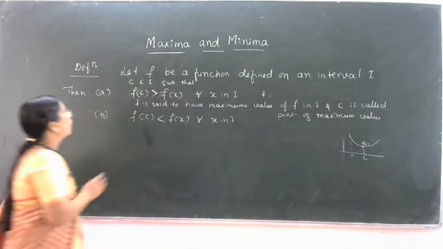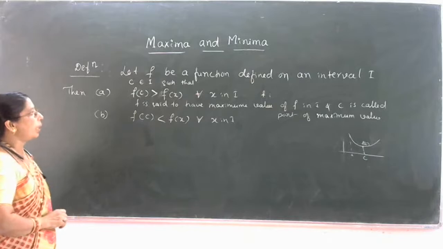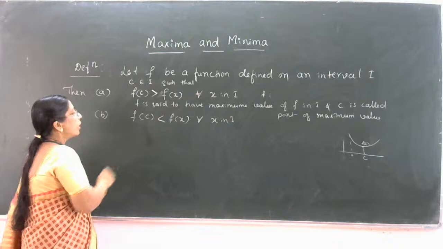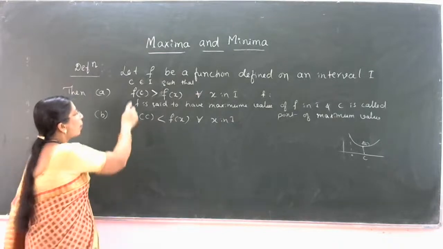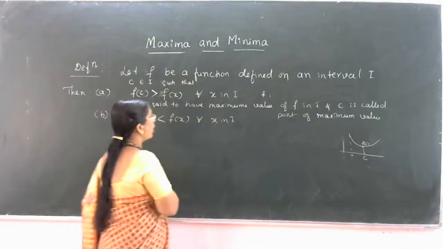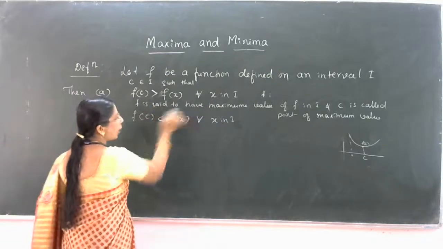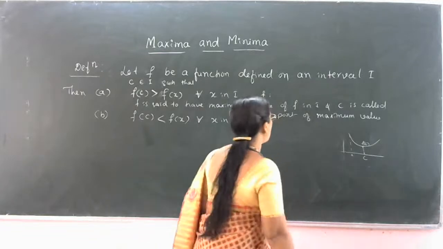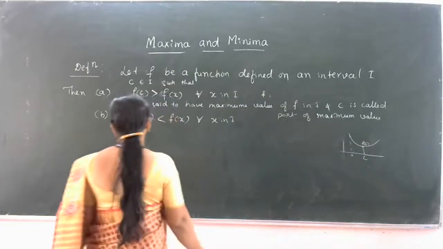Let f be a function defined on an interval I. If there is a point C in I such that f of C is greater than f of x for all x in I, then f is said to have a maximum value of f in I. C is called the point of maximum value.